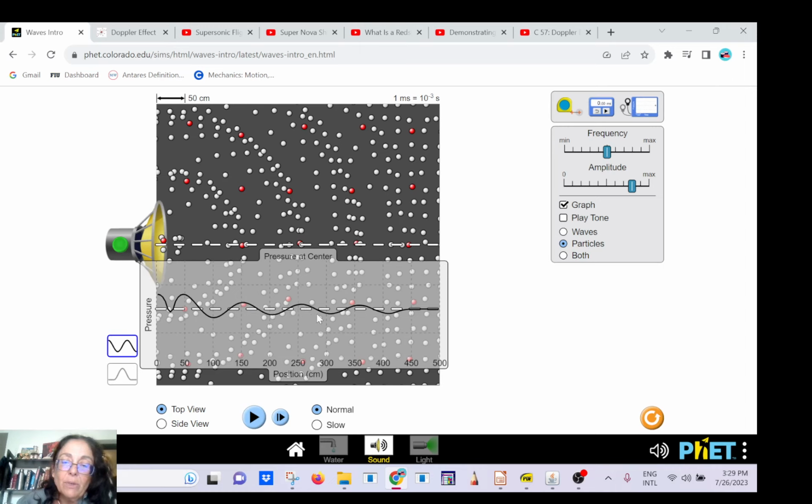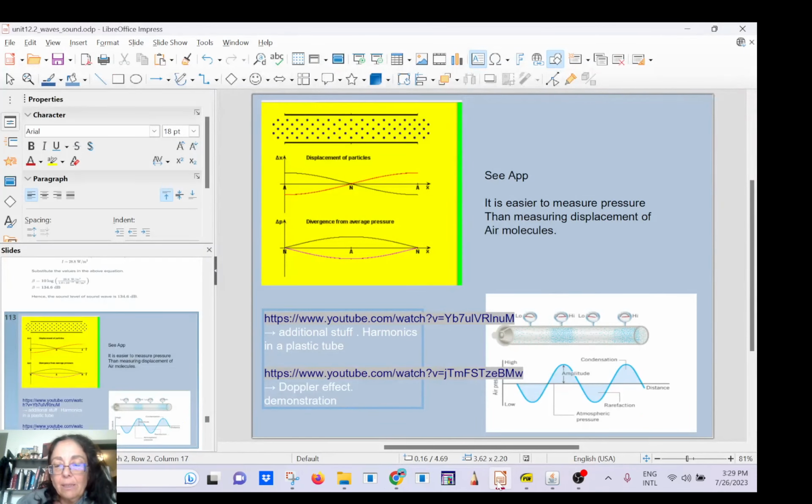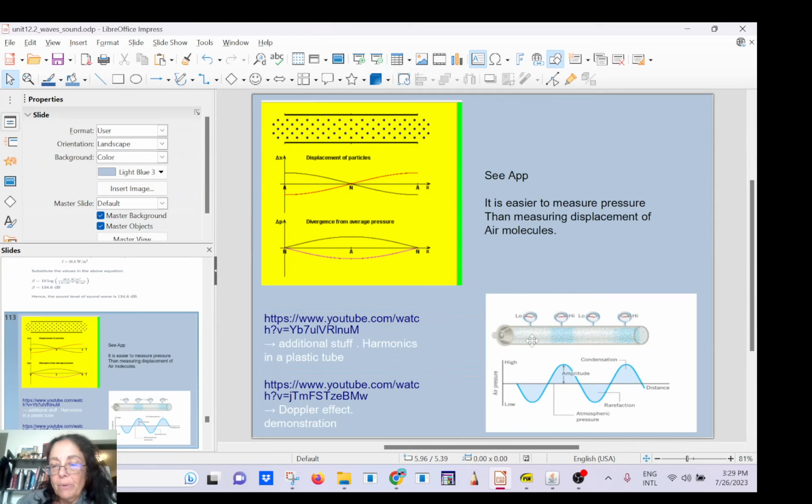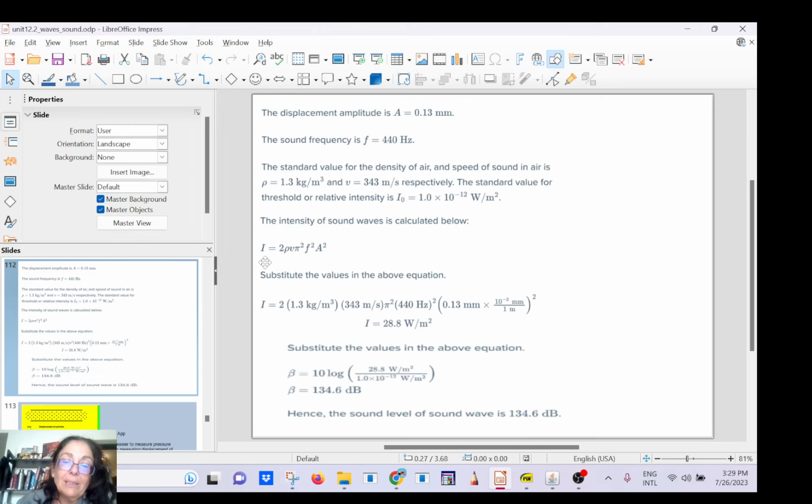Okay, so the pressure is going to increase, decrease, increase, decrease, and so forth, because it's easier to measure pressure than it is to measure the displacement of the particles. So when we use a sine wave here to represent the sound wave, the amplitude here will be the pressure, so high pressure when everything is squeezed together, and then here will be low pressure.